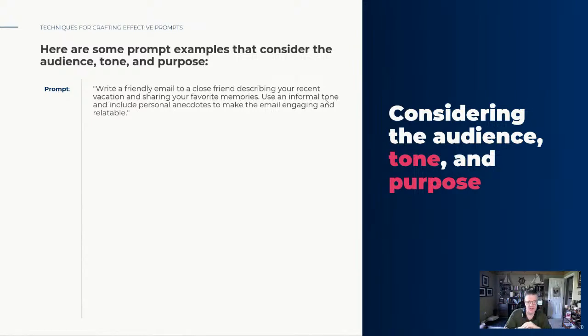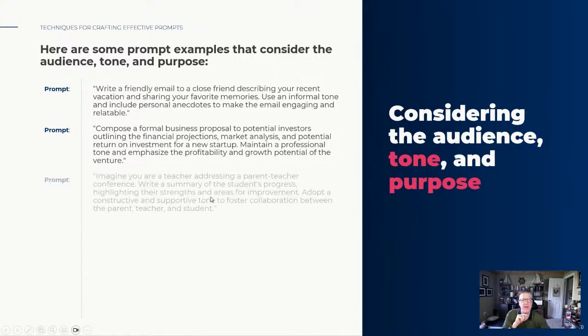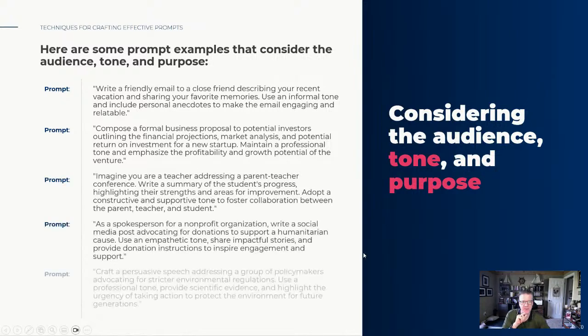So the tone setting here is going to be friendly and informal. So this also has a purpose that's, I would say, somewhat ambiguous, but maintain a professional tone and emphasize, now here's the purpose, the profitability and growth of the potential venture. Okay, so you can kind of see the examples going through here.